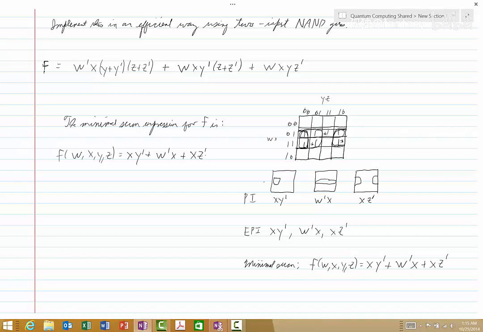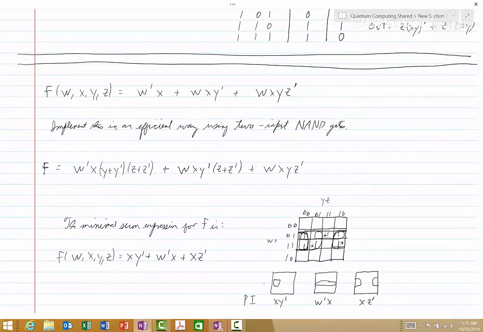So if you're challenged to find an efficient 2-input NAND gate implementation, then what you should do first is use the Quine-McCluskey method to find a minimal sum.